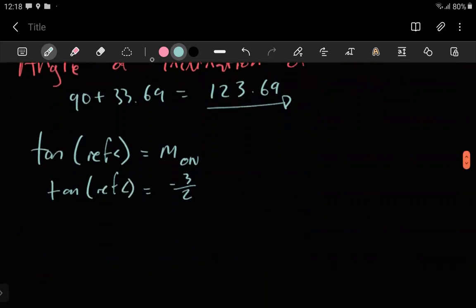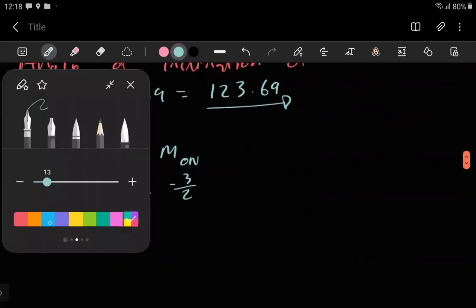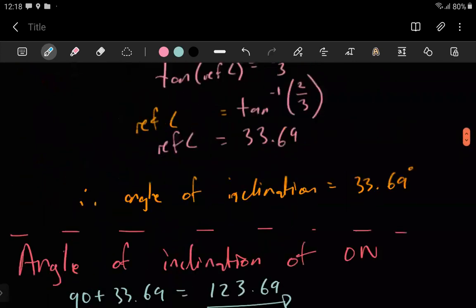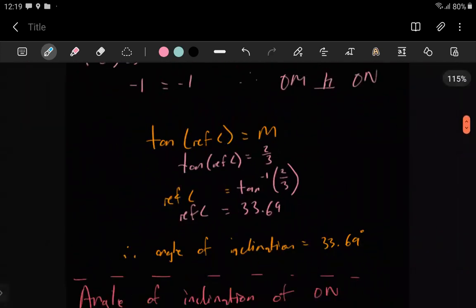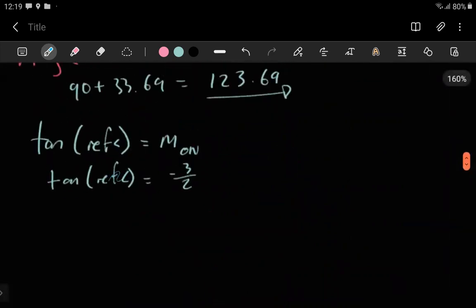Whenever we get the reference angle, remember, you always work with it as a positive number, 3/2, you see.